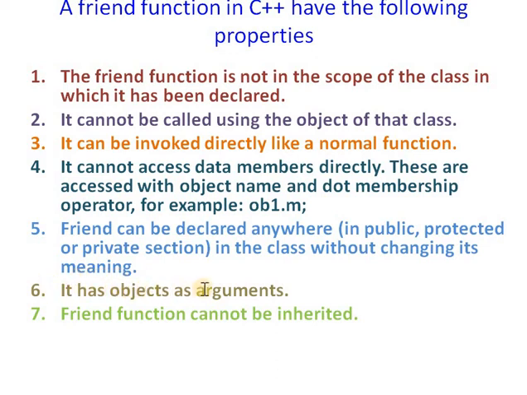It has objects as arguments. And the last one is that the friend function cannot be inherited. In the third unit, we will see how the friend function cannot be implemented in the case of inheritance. These are the properties of the friend function.